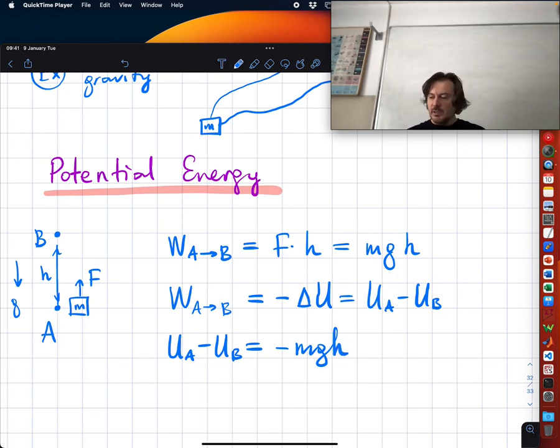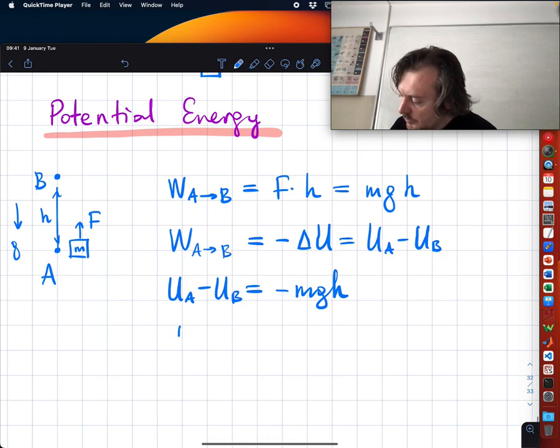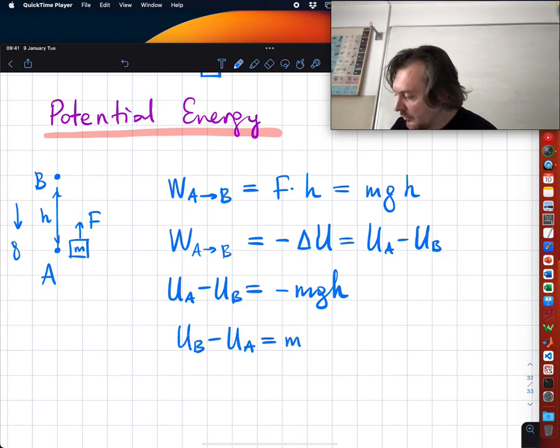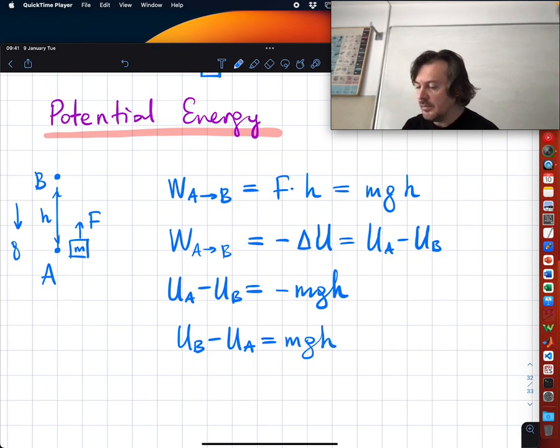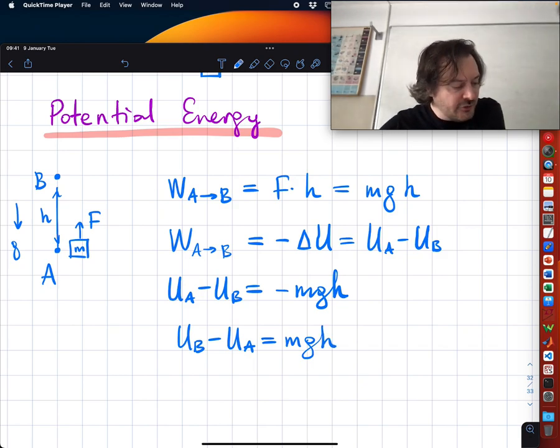Right? In other words, UB minus UA is mgh. So the point B has mgh larger potential energy than point A. Do you have any questions at this point?